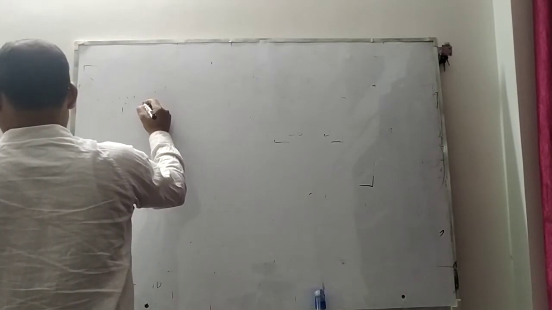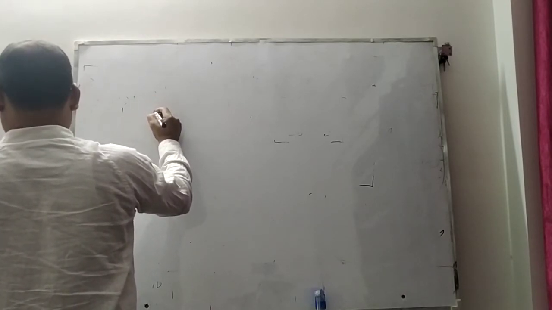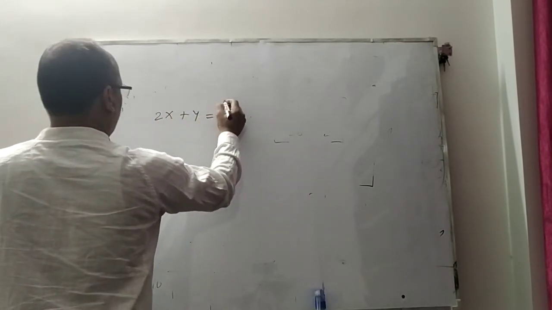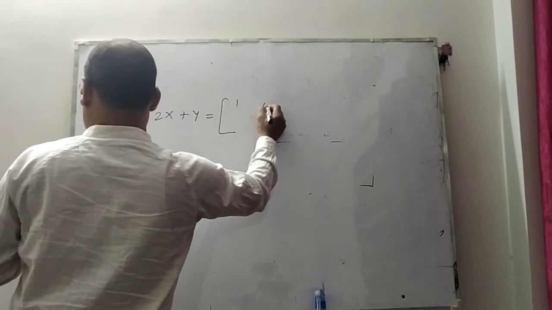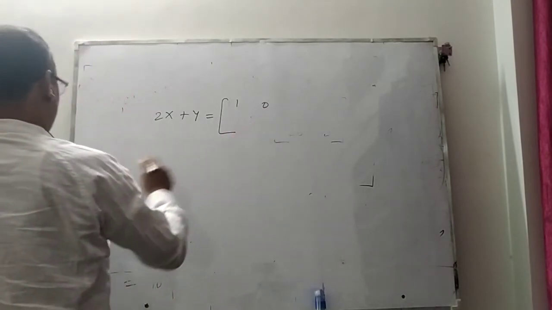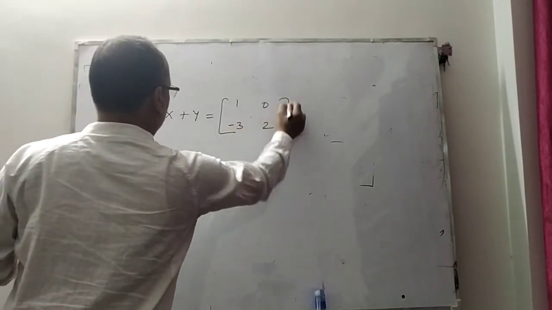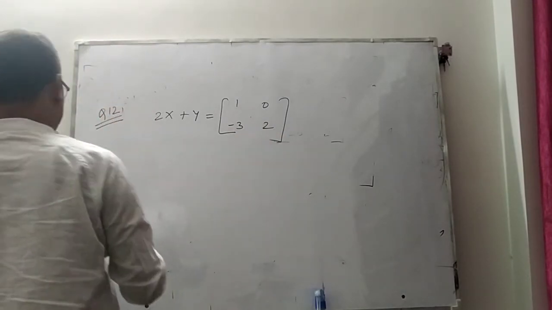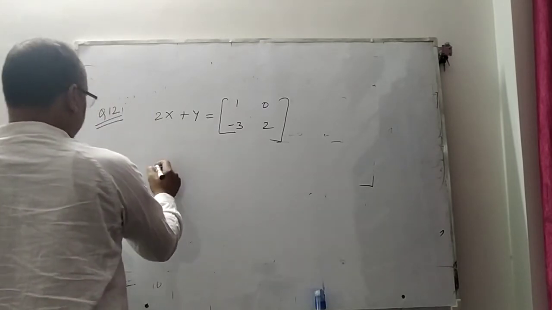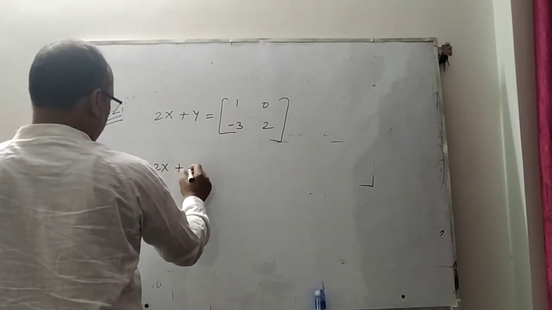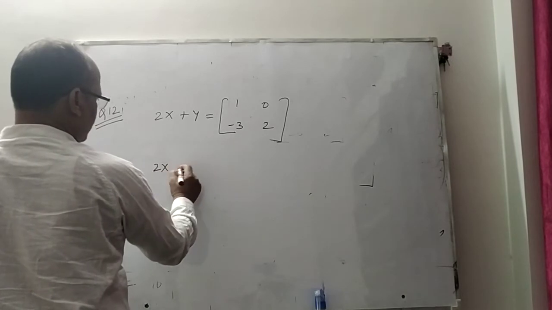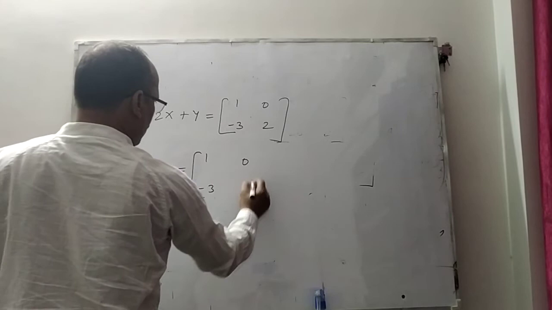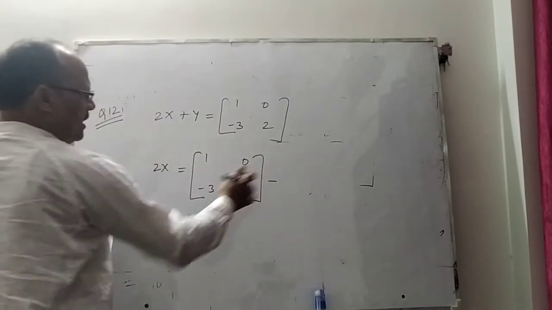Find X if Y equal to 2X plus Y equal to, what is given? 1 0, minus 3 2. This is question number 12. What is the value of Y given? 2X plus Y. You write here, transfer here. 1 0, minus 3 2, then Y will be transferred to this side, it will become negative.